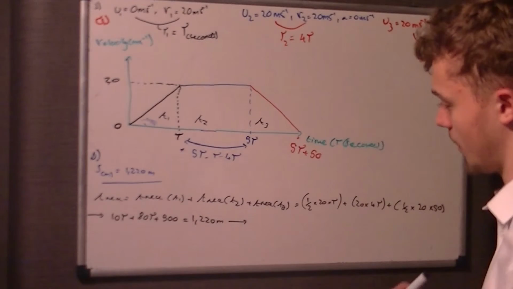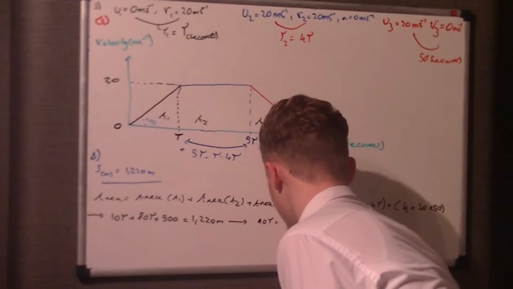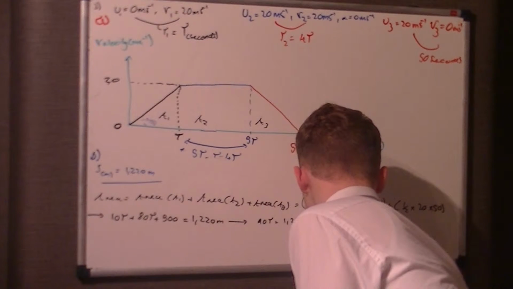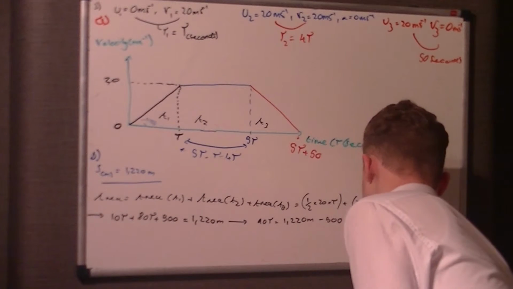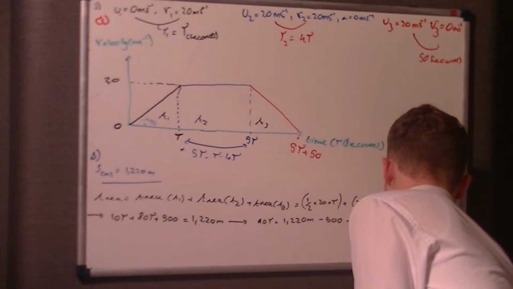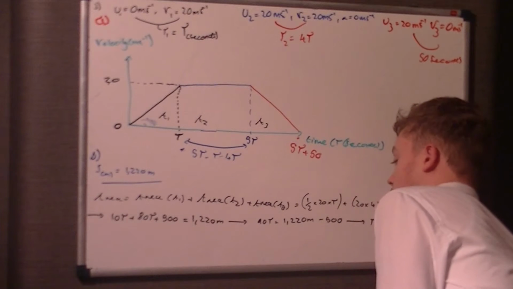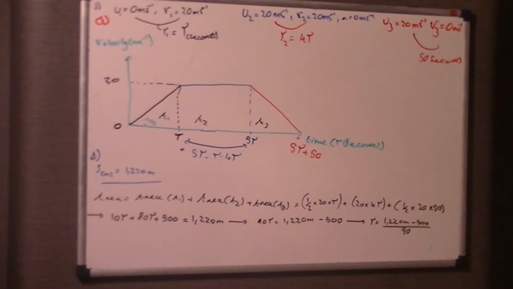So I'm going to do the long way around it. So therefore 90t equals 1,220 metres, take 500. So therefore, if you divide both sides by 90, t is equal to 1,220 metres, take 500, all over 90. Okay, so that's what your value of t is.